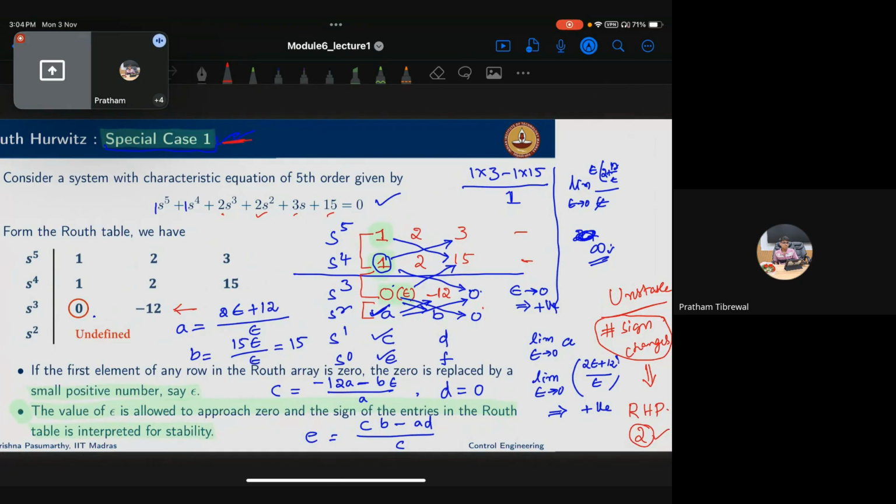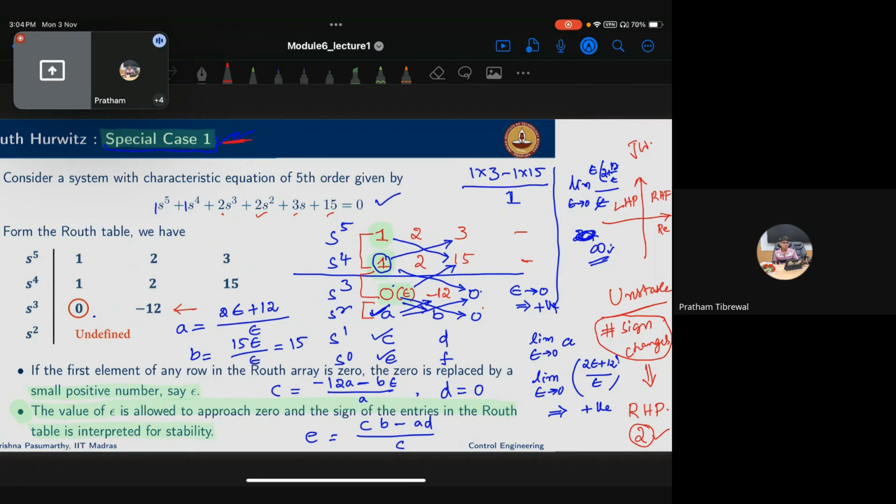So we have the real axis and the j omega axis. This is LHP, this is RHP. For the system to be stable, we want all poles to be on the LHP only. Is this clear? Any queries?